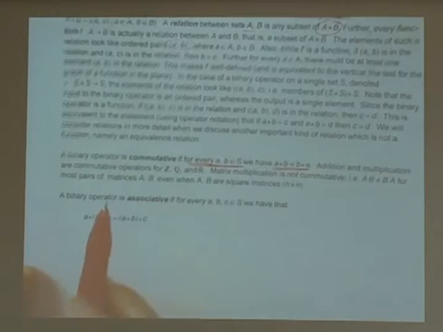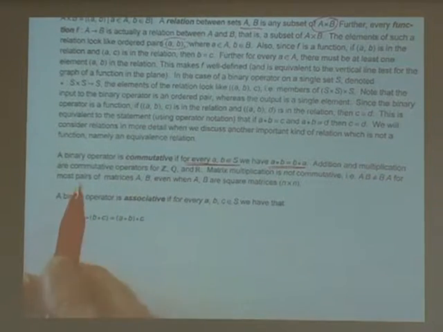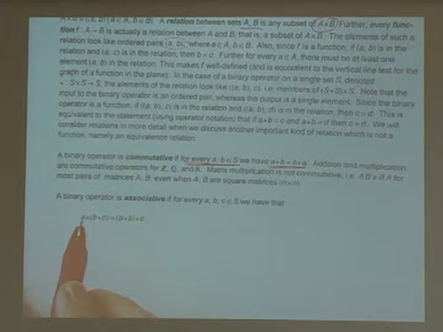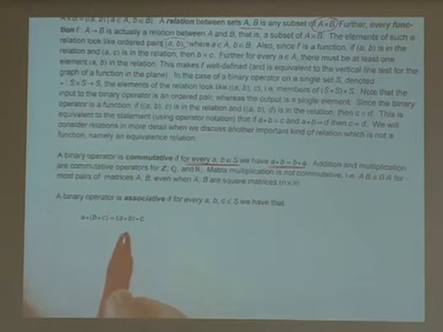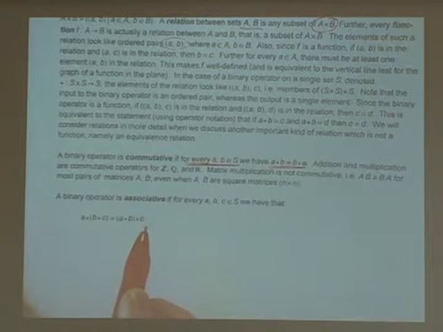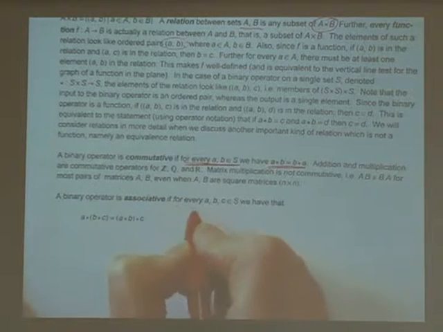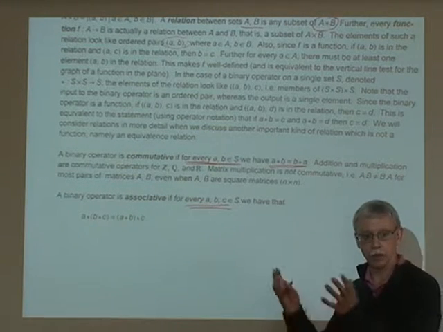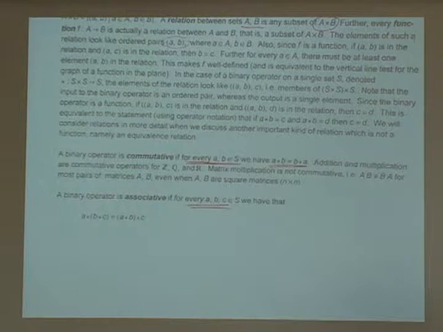A binary operator is associative if the grouping doesn't matter. If A starred with the quantity B star C gives me the same answer as the quantity A star B starred with C, again, for every triplet. So to prove either of these things, I have to show it in general, that it always works for every set of elements.